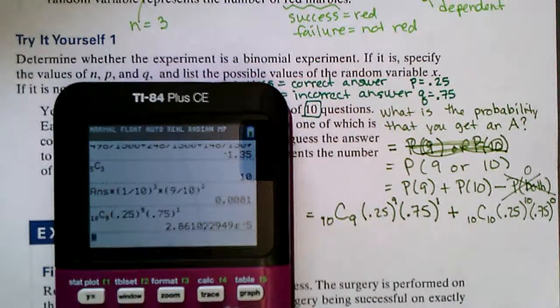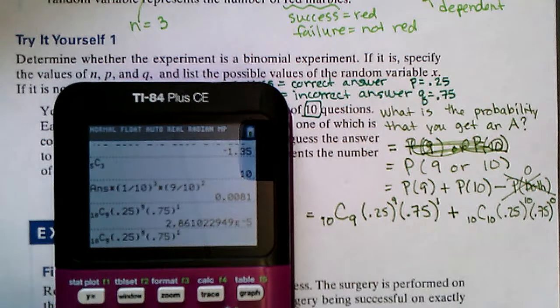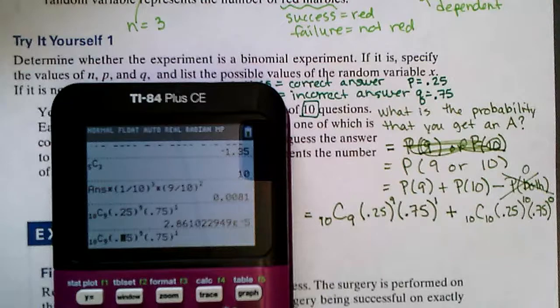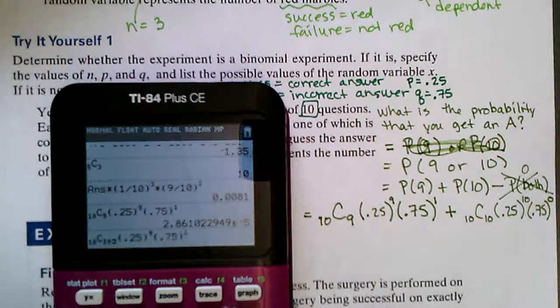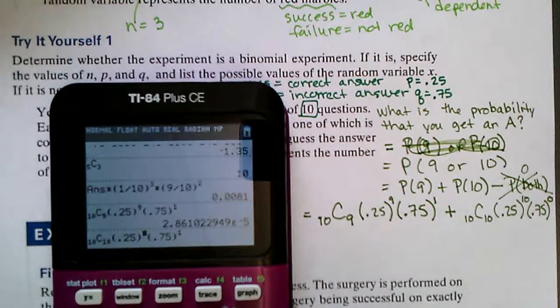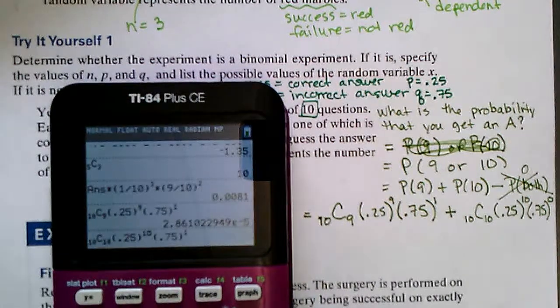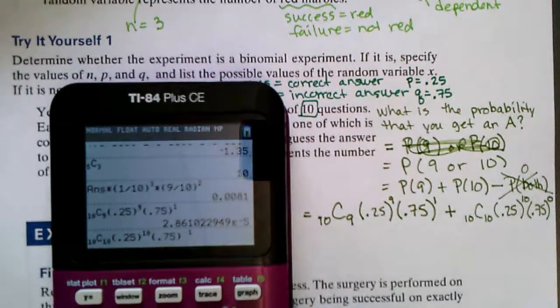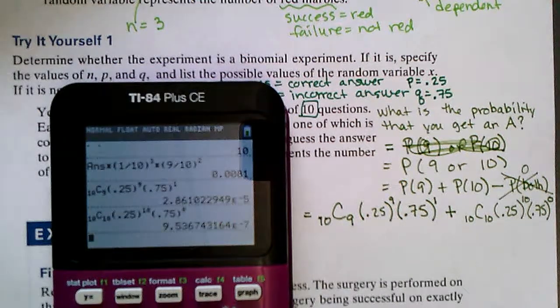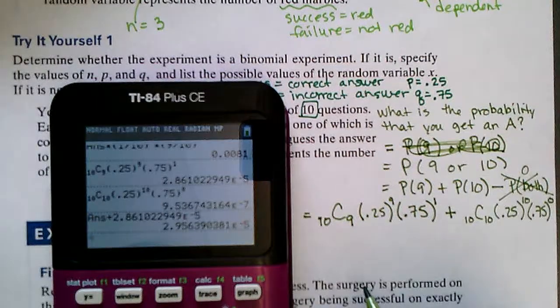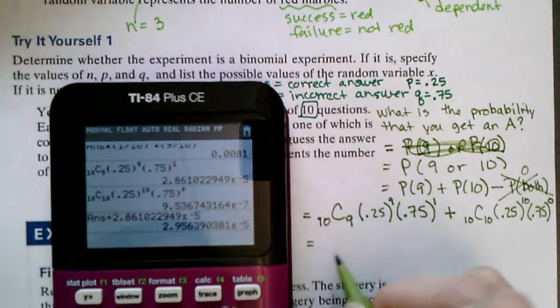And then I am going to also do 10C10 times 0.25 to the 10th times 0.75 to the 0. Also a very small number. I need to add those two numbers together, and that gives me a still small number.